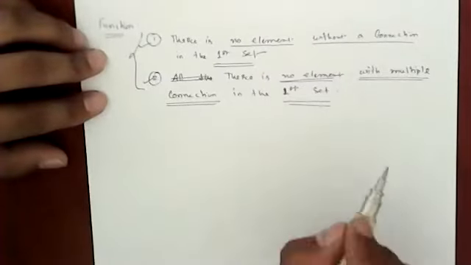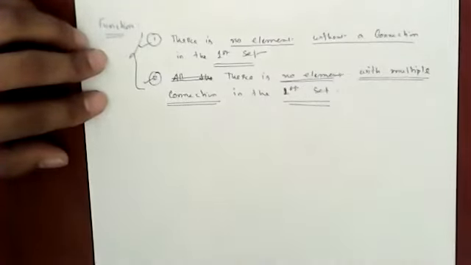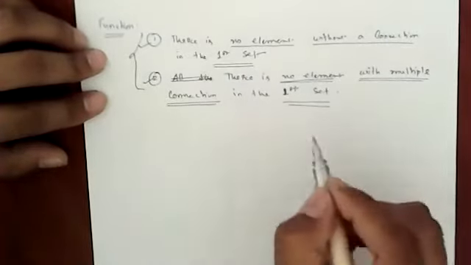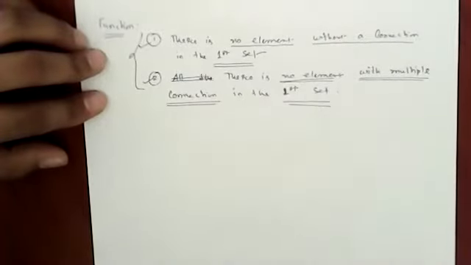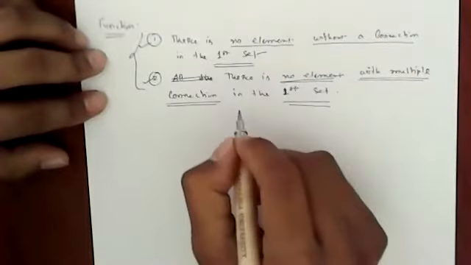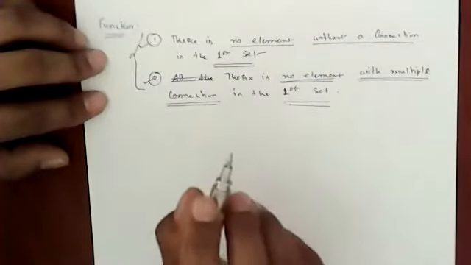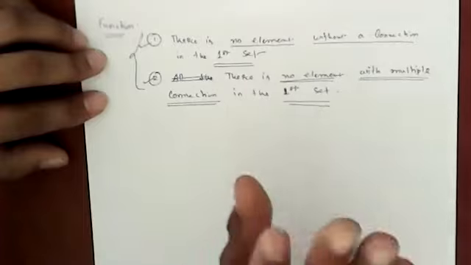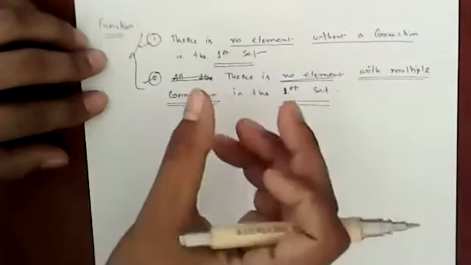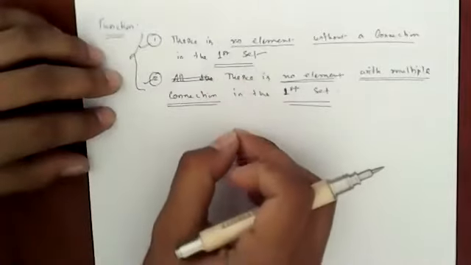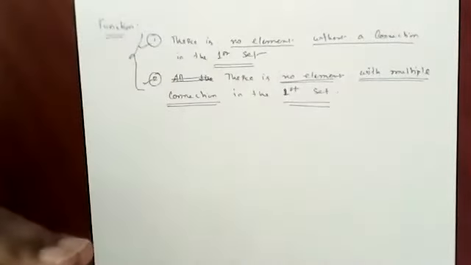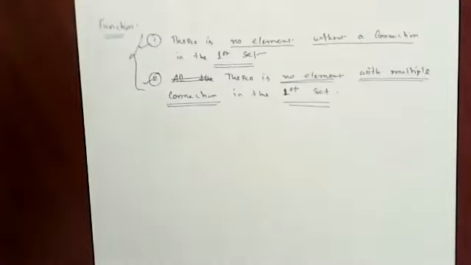Every element of the first set of a relation must have a single connection, and if this happens, we can say that the relation is a function. Again, I'm telling you, this is not the mathematical definition; this is for better understanding of functions. If we think about a function like this, it will be easier for us to get the concept very clearly.